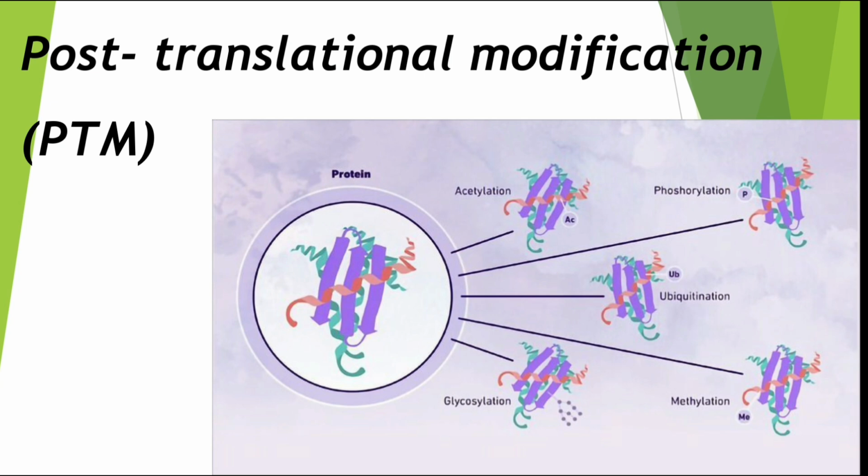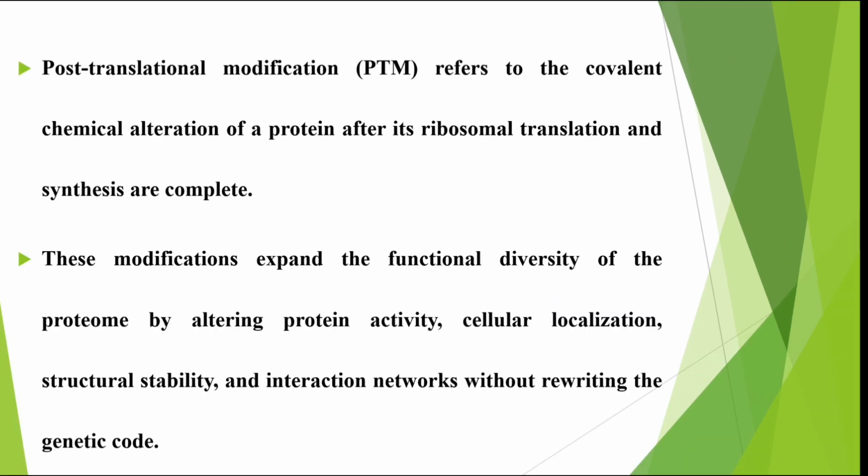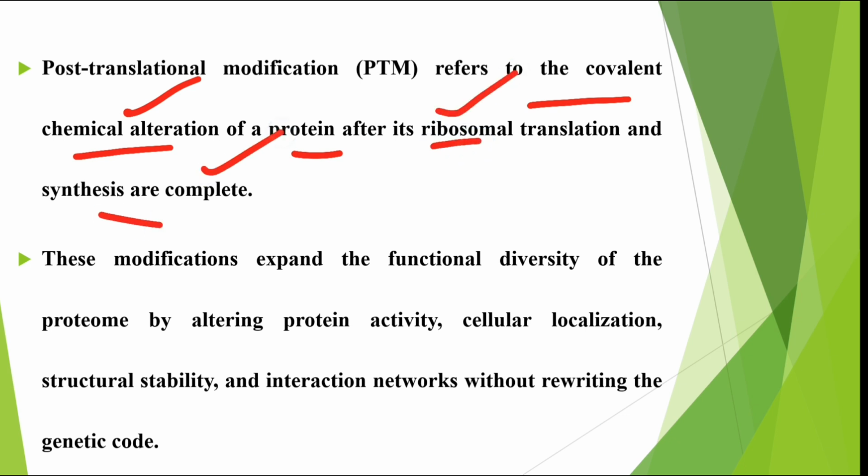In this video we will discuss post-translational modification, which takes place after the translation process during protein synthesis. It is common for both prokaryotes as well as eukaryotes. Post-translational modifications refer to covalent chemical alteration of proteins after they are formed or manufactured by ribosomes and synthesis is complete.